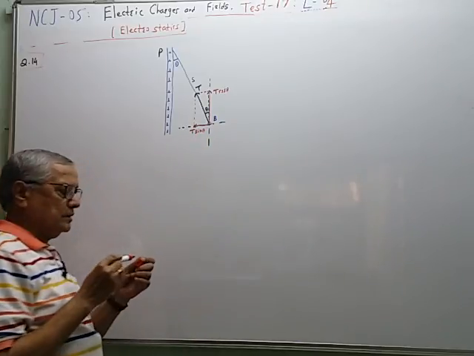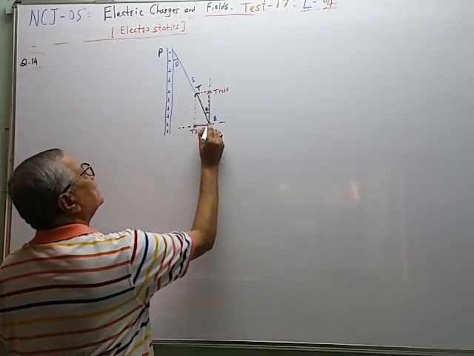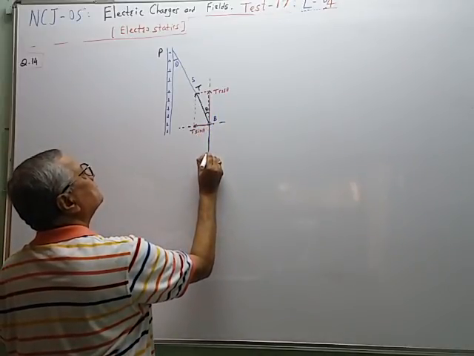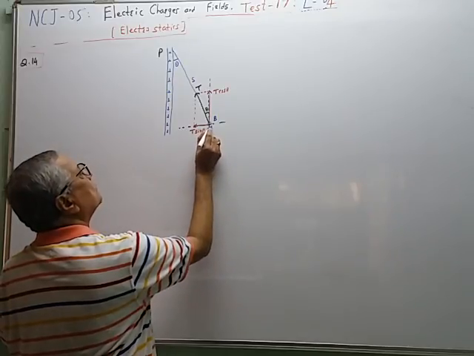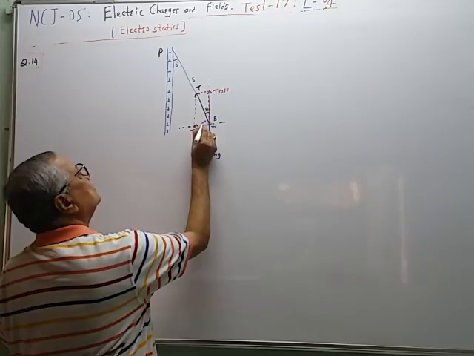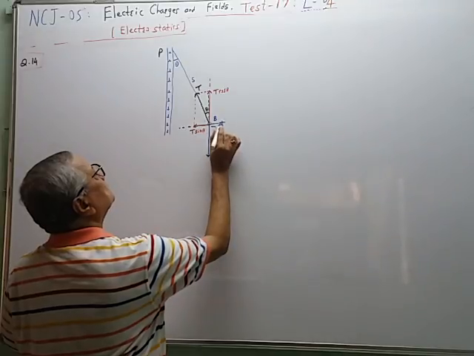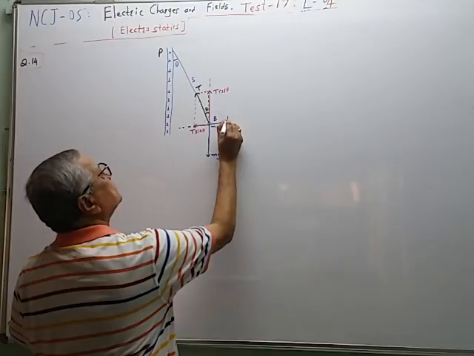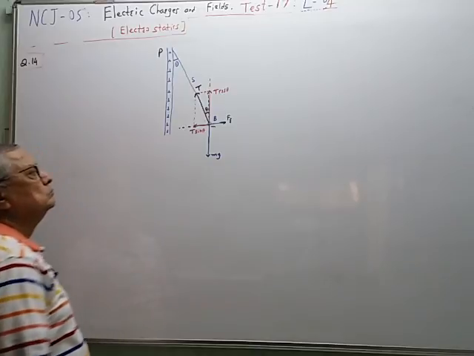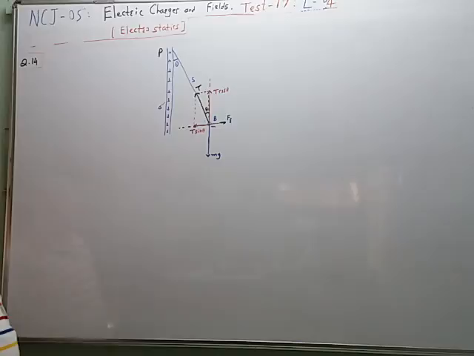This T cos theta is balanced by mg, where m is the mass of the bob. This bob has mass m, this has charge, say positive charge q, and this is balanced by the electrostatic force of repulsion Fe, like this.